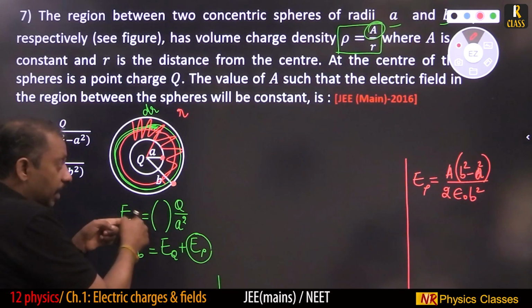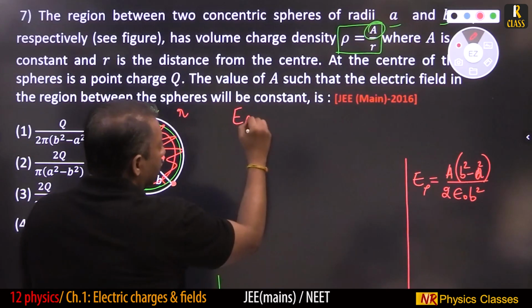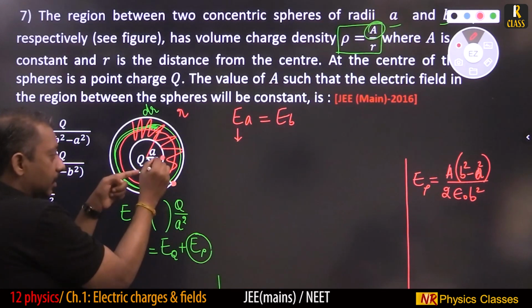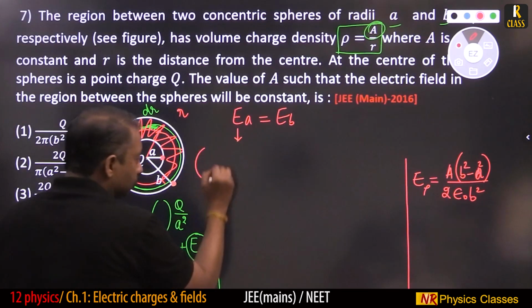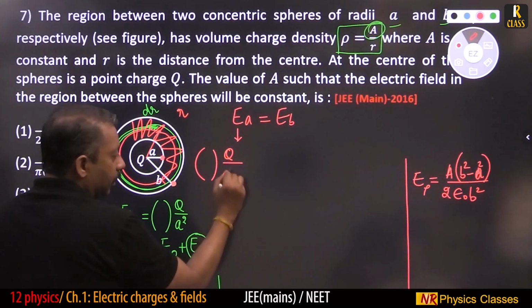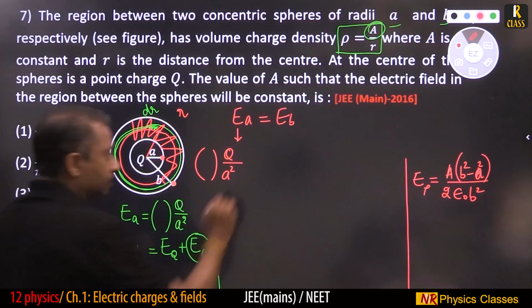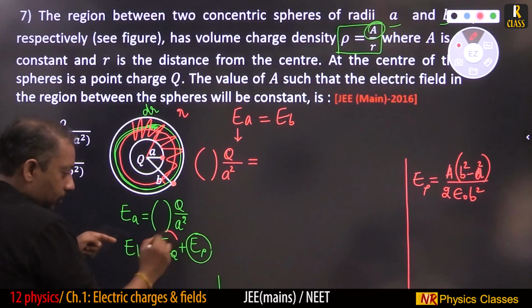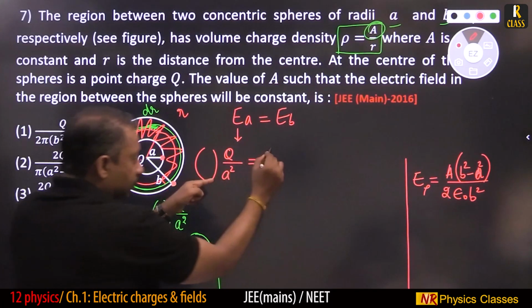Now EA equals electric field at B, but electric field at A is only because of Q. Constant Q by distance A square. That is only one equation.